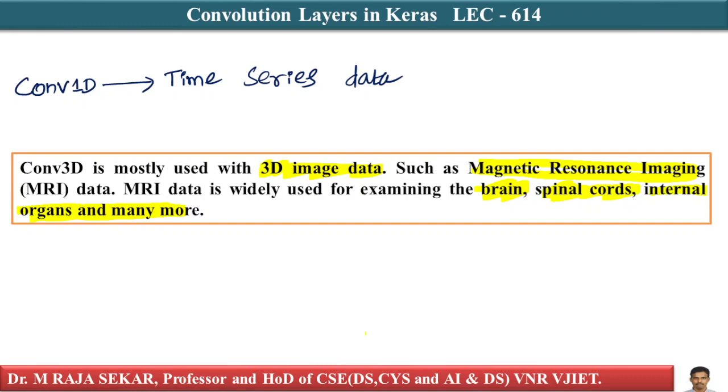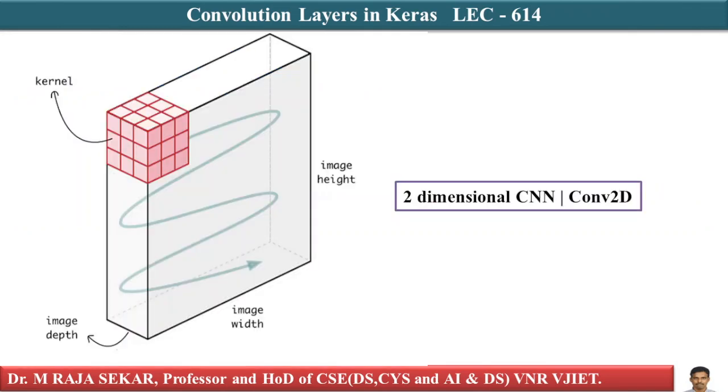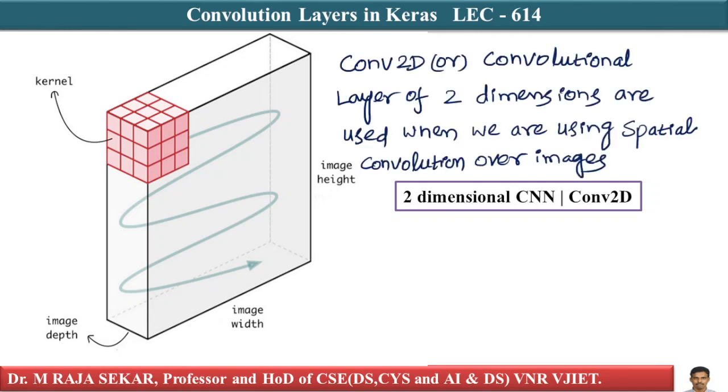But in a nutshell, Conv2D, or convolution layer of 2 dimensions, is used when we are using spatial convolution over images.